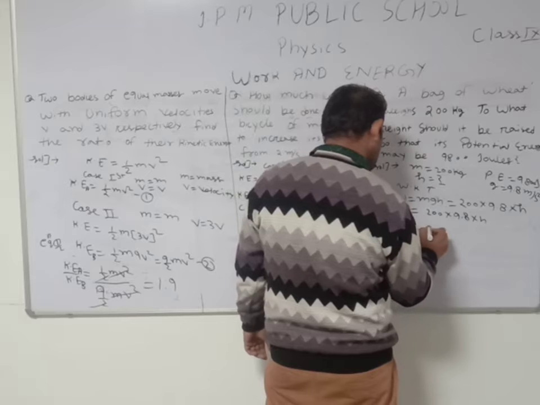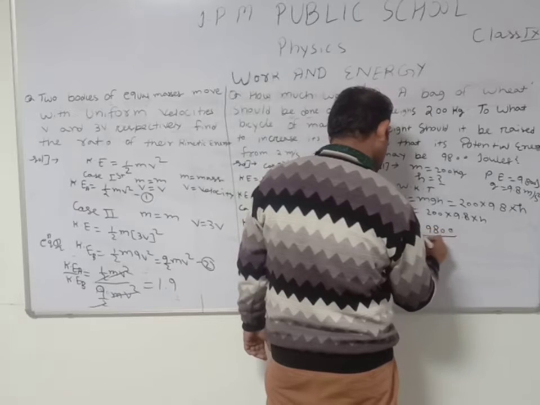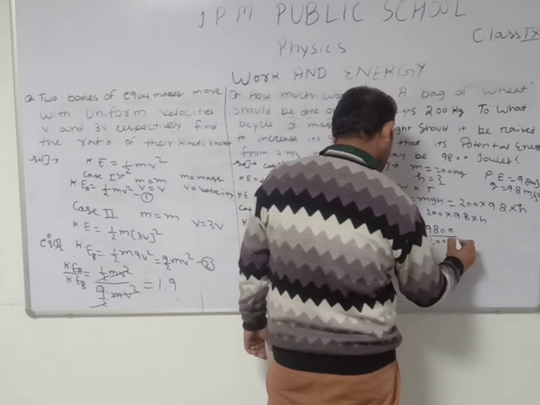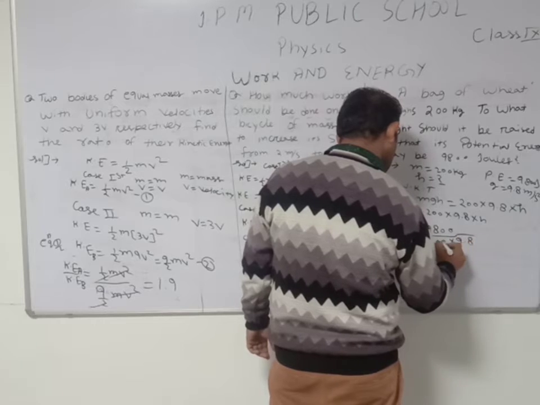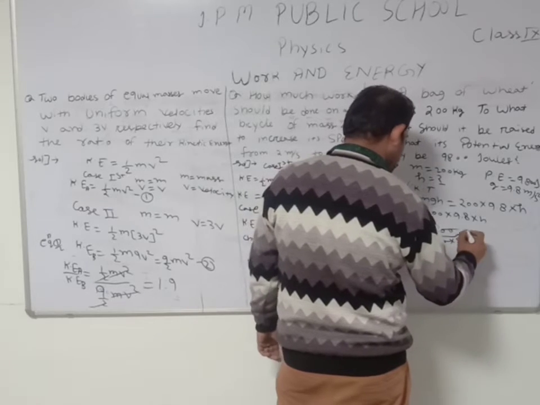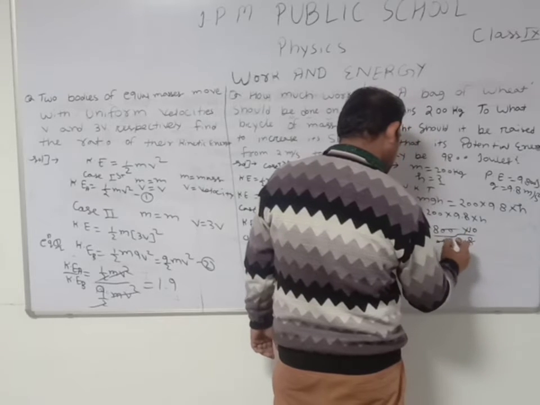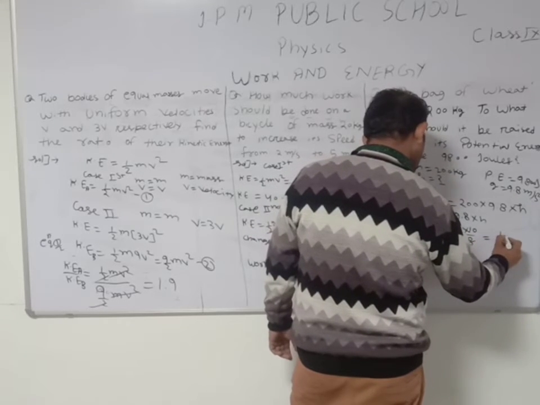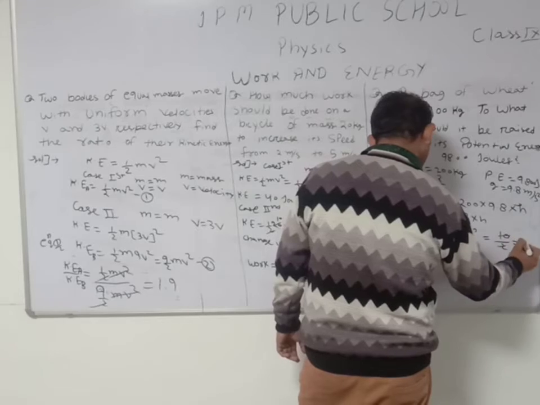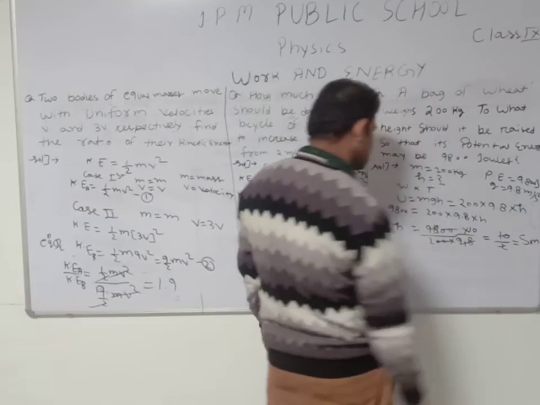So h equals 9800 upon 200 into 9.8. 98 is cancelled by 98. 10 by 2 means 5. 5 meter is the answer.